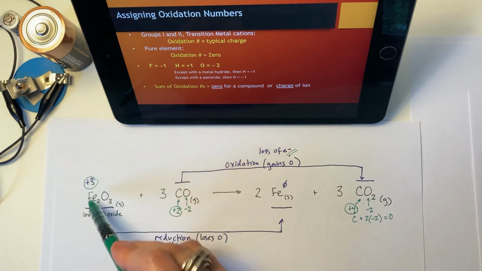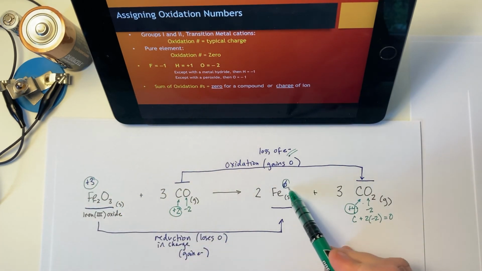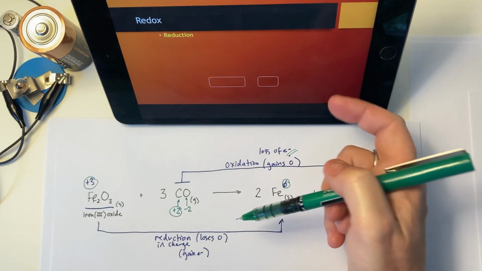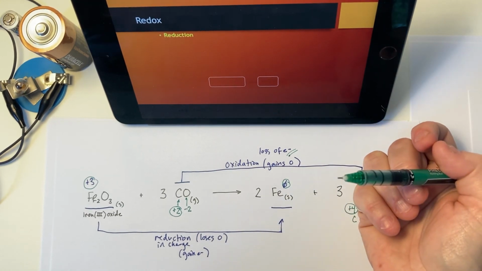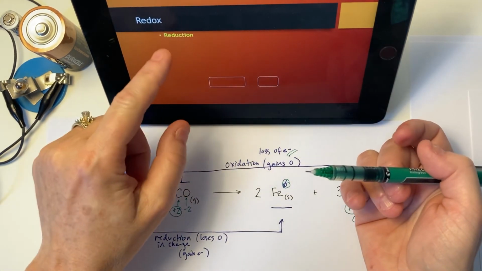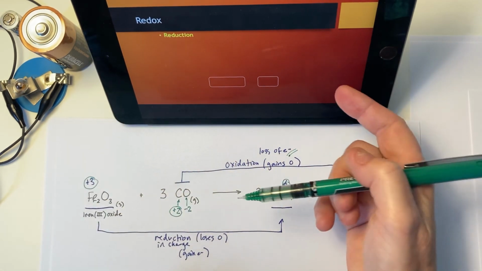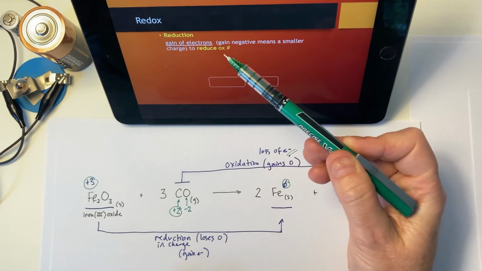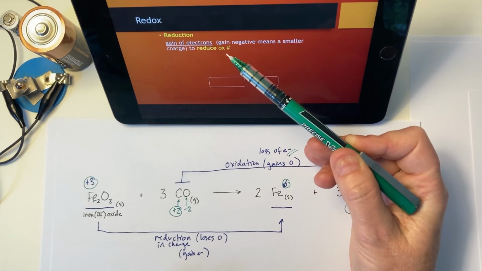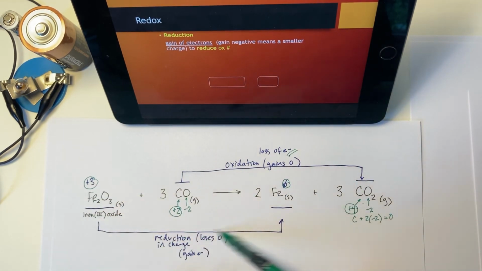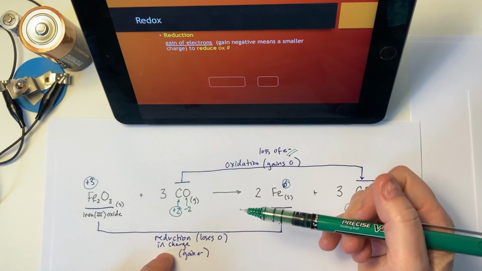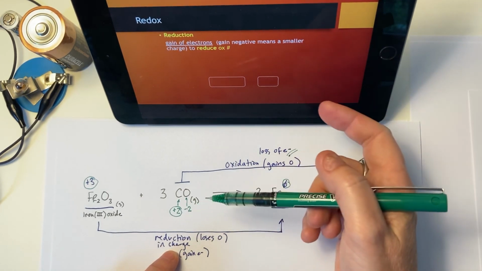That was from the +3 on the iron down to 0. So redox, in summary, how do we remember the definitions of these terms? Well, I like to think of just the reduction part. Reduction is the gain of electrons. Why? Because it's reducing the oxidation number, the charge, +3 down to 0. If you memorize that one, reduction in charge, then you know the other one.